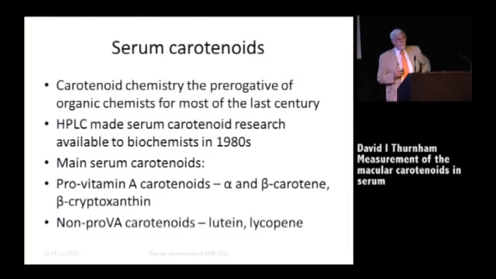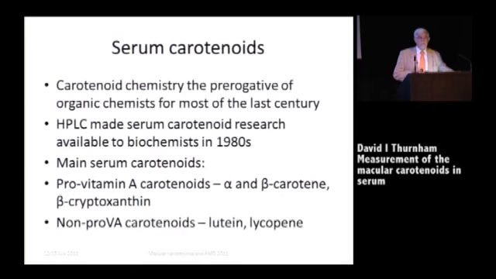Carotenoid chemistry, as you're probably well aware, was the prerogative of organic chemists for much of the last century. They looked at the carotenoids in plants and foods and birds, and these were done by organic chemistry techniques. And really, carotenoid chemistry from the point of view of biochemists and nutritionists only became available, as John said yesterday, in the 1980s.